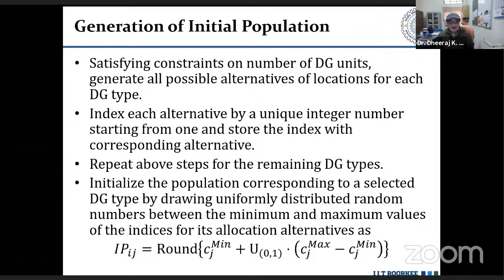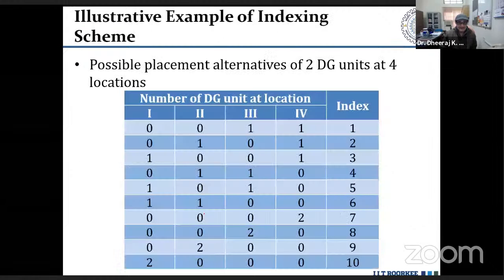So how to generate the initial population? We actually have a constraint on the number of DG units. So here we used an index-based scheme. For example, suppose we have to place 2 DG units at 4 locations. So these are the 4 locations, and we can distribute 2 DGs in these 4 locations.